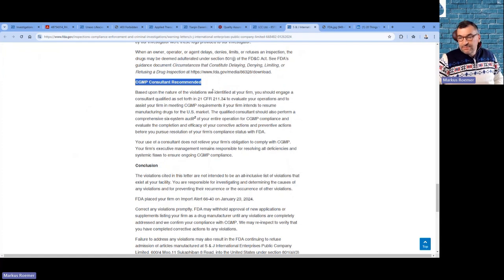As a consultant, I would tell you, I prefer to be on your side before the inspection and not after it. After that, it will cost more money. It will be very complicated sometimes to correct the things. It's easier, it's better, it's cheaper, it's much more efficient, and it's wiser to do that before inspection.